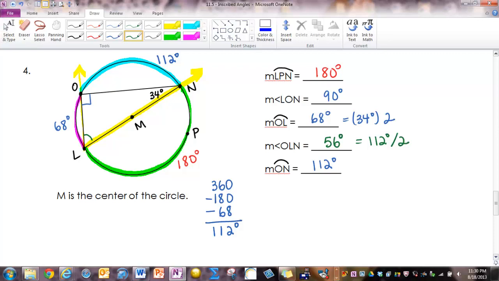Now, just as a quick check, we see that a triangle is inscribed in the circle. The three angles in a triangle should add up to 180 degrees. So if I take 90, which is the measure of the right angle, and I add to it 34 degrees, and then I add to it the 56 degrees, I get 180 degrees, which is the sum of the interior angles of a triangle.